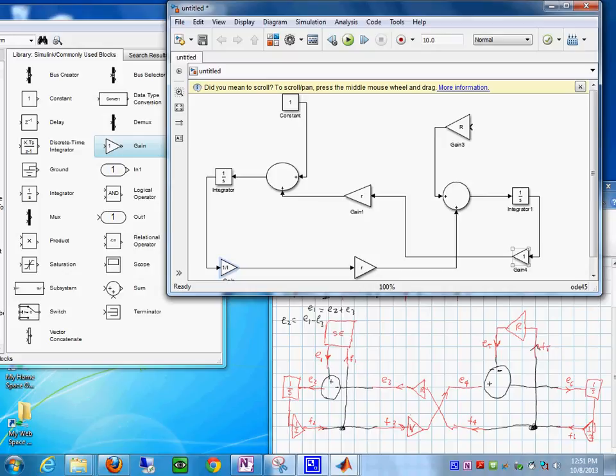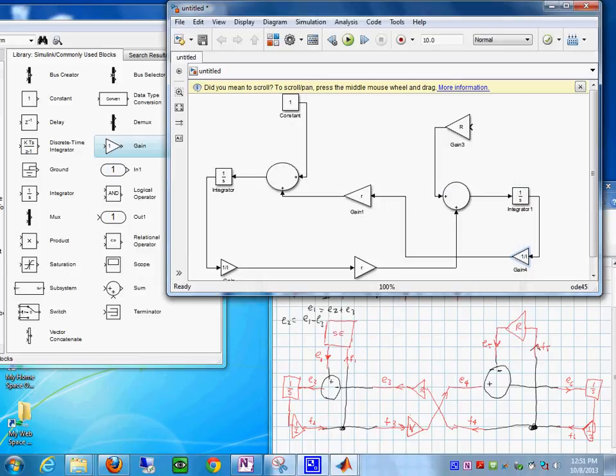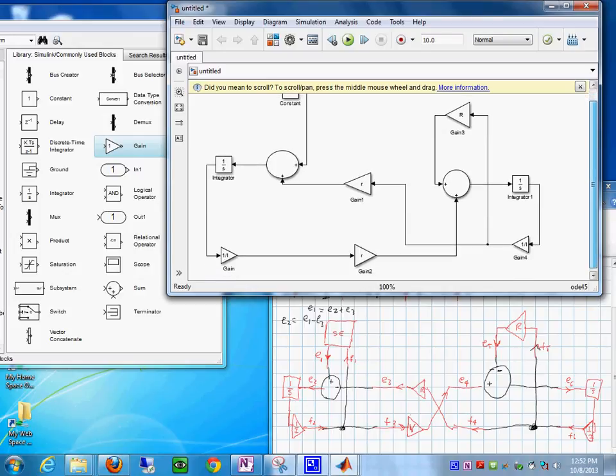This right here is going to be 1 over I also, like this. And then this R element is going to connect over here. See, you need the same common connection right there. And I think this is the whole thing.